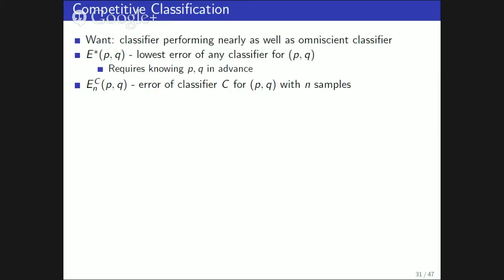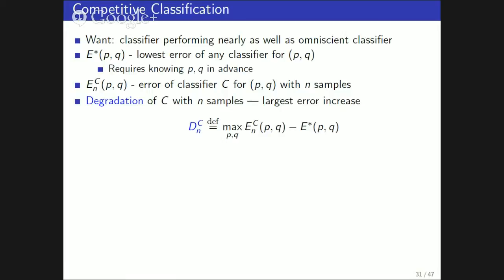If your classifier is C, then its error will depend on n. The more training samples you get, the lower the error. The omniscient classifier has no n because it doesn't even look at the samples. But your classifier's performance will improve as you get more and more samples. So it's the error of your classifier C for P and Q with n samples.